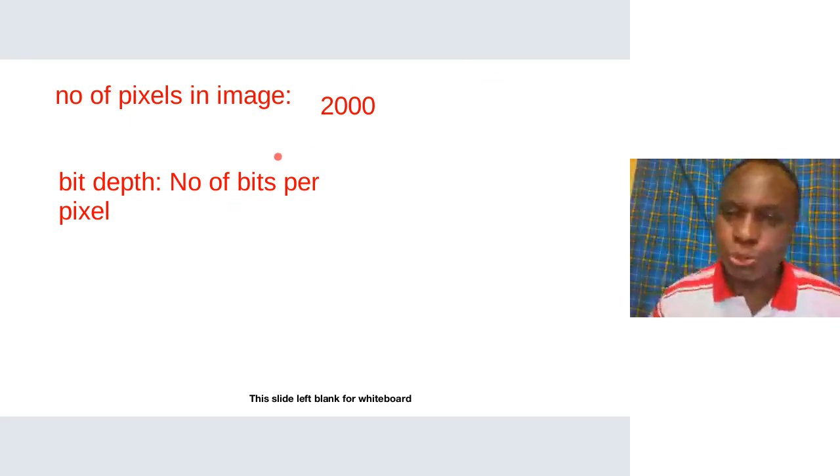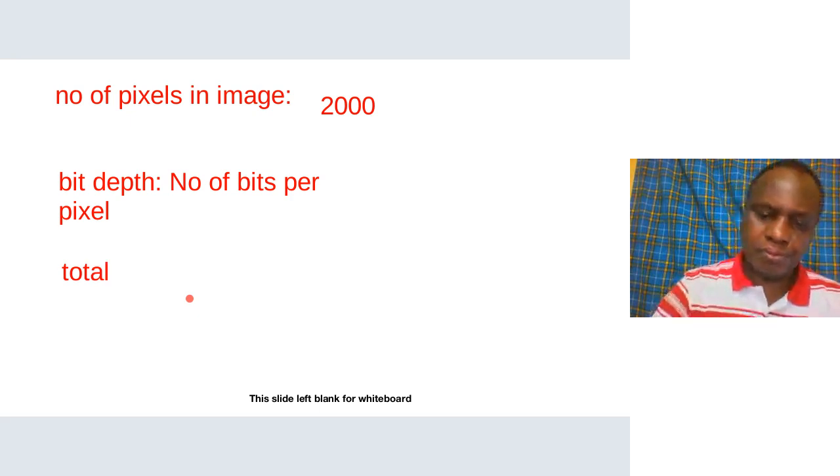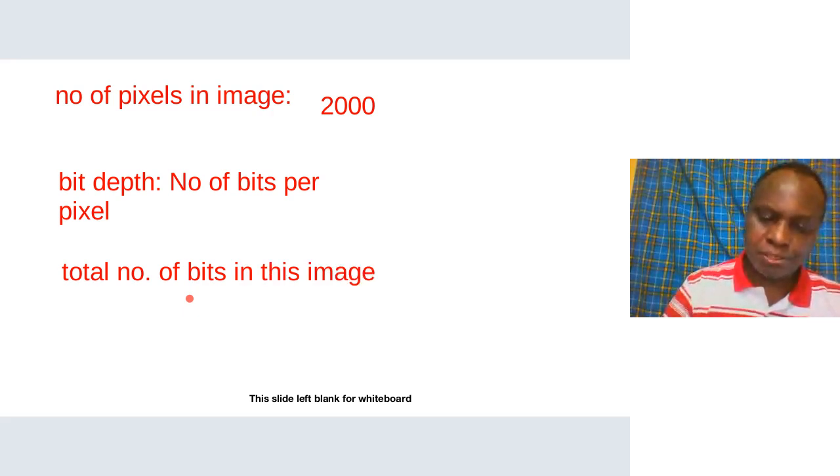So first of all, what is the total number of bits in this image? That is just a multiplication. Okay, sorry, we should have assumed a size.